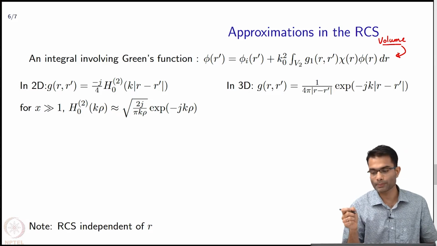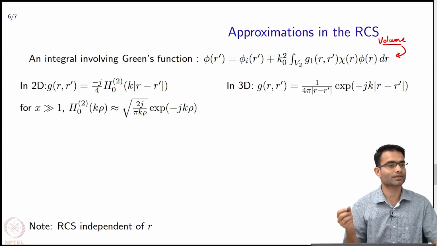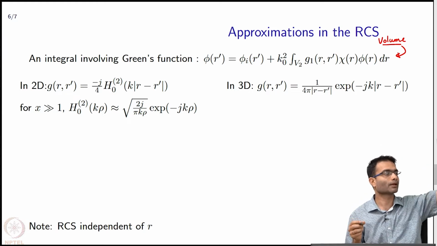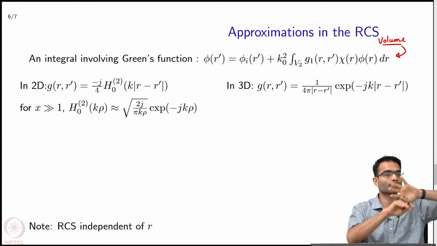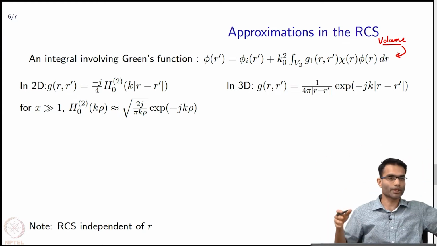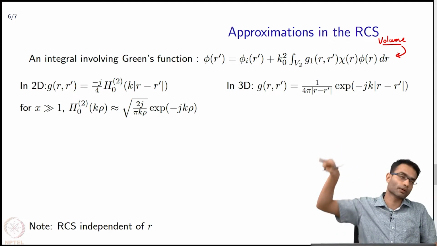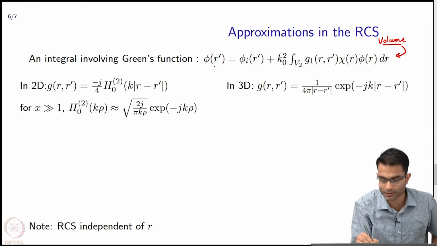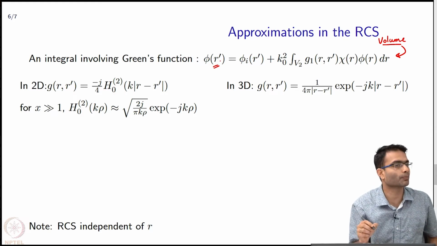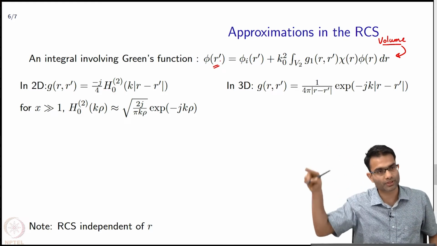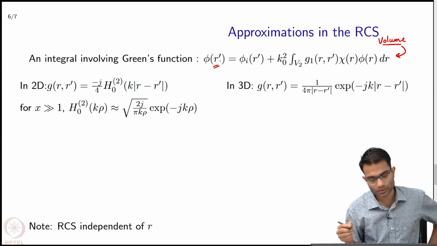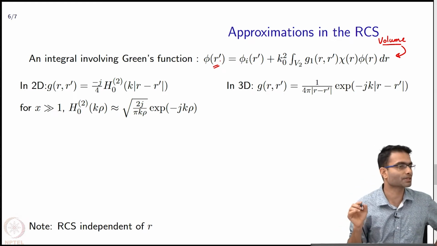Now when people start calculating the RCS of some aircraft, they do not want the value of the RCS at one angle. Typically you want to know the overall behavior. So in 2D you would calculate the RCS over an entire 2 pi radians. So you have to calculate at several different positions r prime, you have to put your receiver and calculate what is the scattered field at that point. So there are some approximations that we can use.